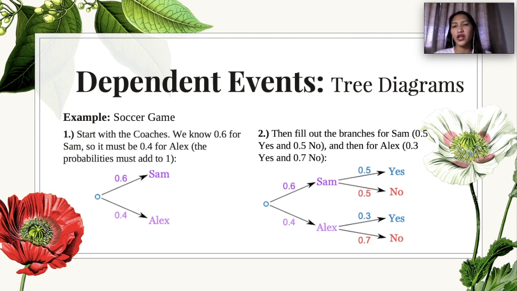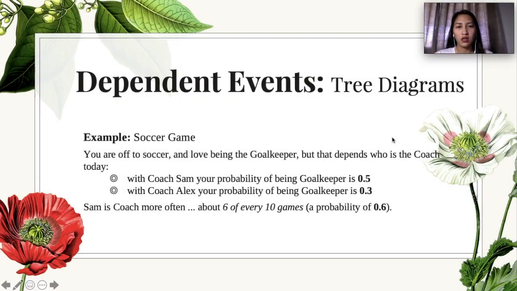So, you have to start with the coaches. So, you have here Coach Sam and Coach Alex. So, 6 times siya out of 10, pwede maging coach. Or yun yung possibility na siya yung coach. So, you have here, the possibility is 0.6. So, ibig sabihin, ang natitira na lang na posible ay si Alex ay 0.4. So, for Sam, ang possibility mo na maging goalkeeper is 0.5.